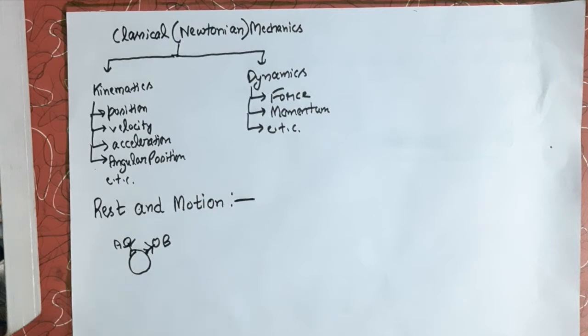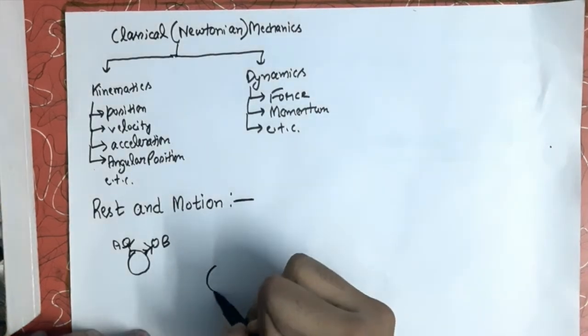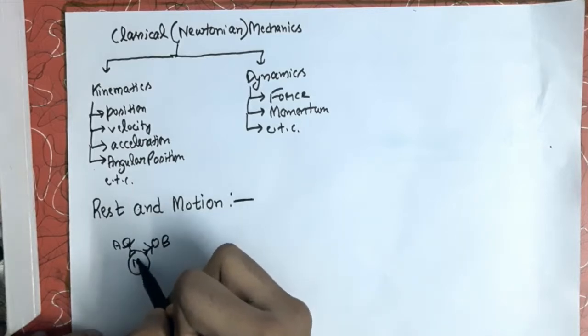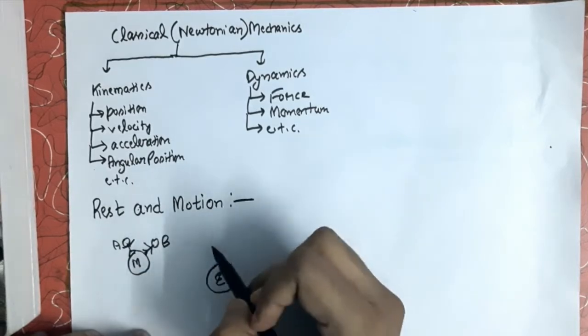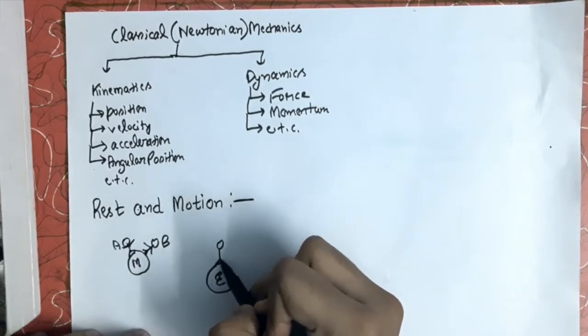Suppose person A is sitting on a bench, so A is at rest. We can say A is at rest, but with respect to whom? B will say that A is at rest because B is also on the moon. Now suppose this is Earth, this is the moon, and we have another person C on Earth.